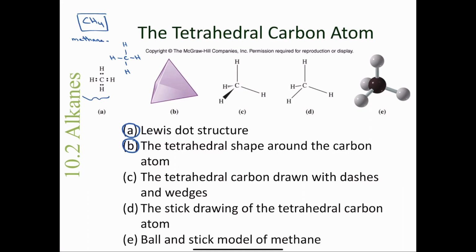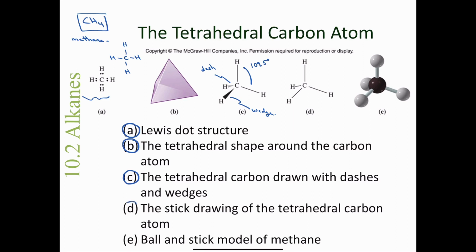And in C, they're showing the tetrahedron with dashes and wedges. Remember that when you have a line coming out like this, we call this a wedge. And when we have this kind of hashed line here, we call this a dash. You should also remember that all of the bond angles in the tetrahedron are 109.5 degrees.